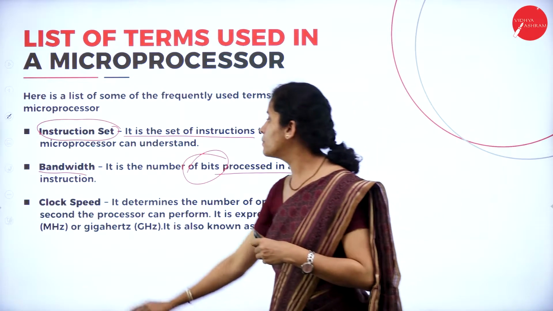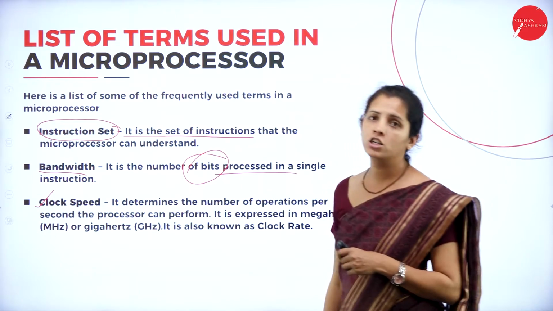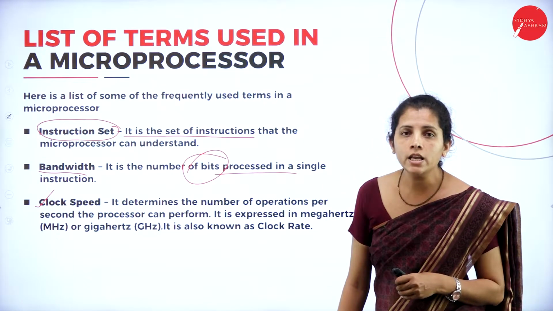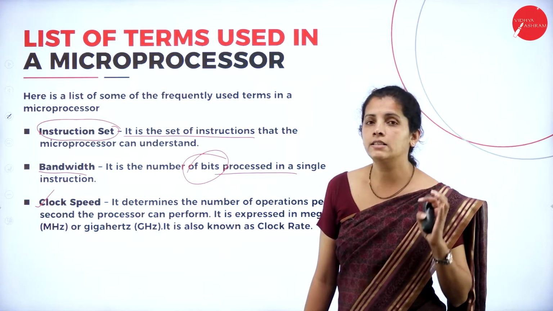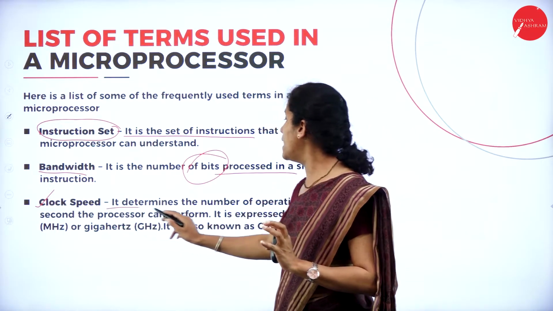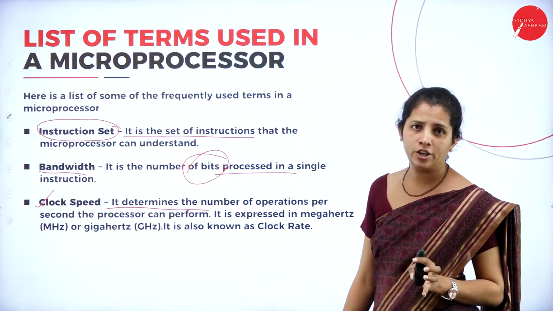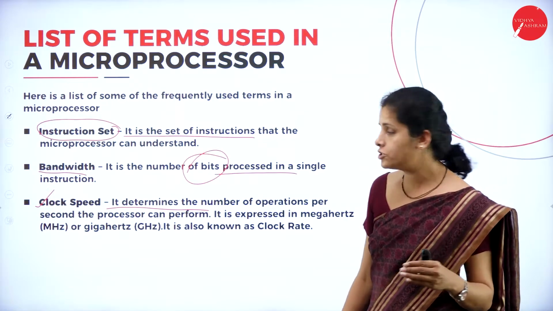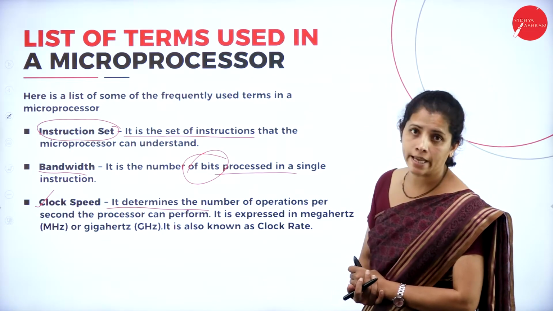Along with that, I'm going to have clock speed. So why do I require clock speed? It's nothing but the execution speed. So it determines the number of operations or number of instructions executed per second.